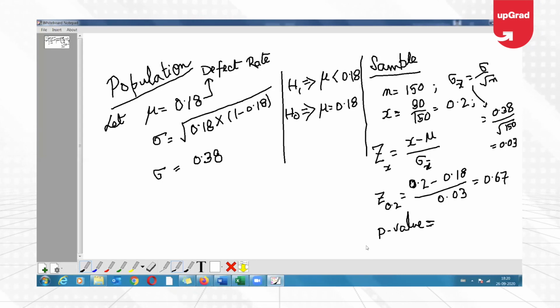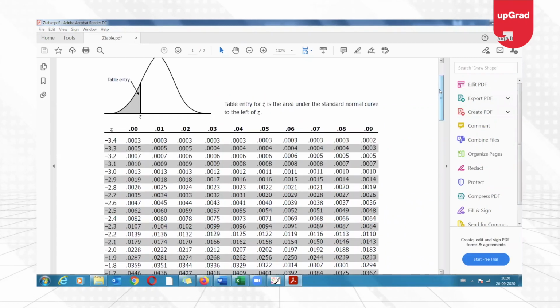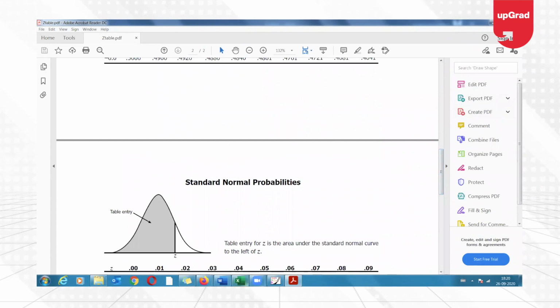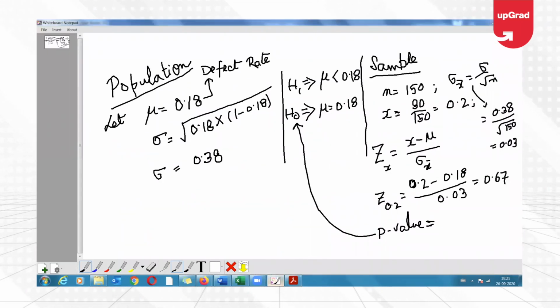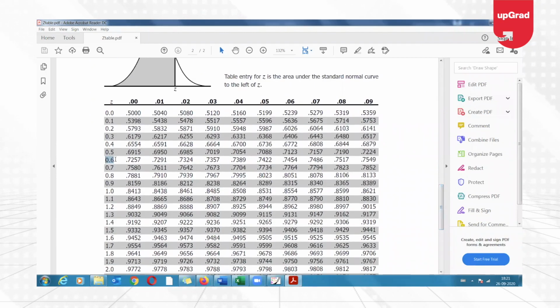So p-value is the probability that this particular statement is true. So let's find the p-value from the Z table. So this is the Z table. So our z-score is 0.67, and 0.67 is here. Okay.